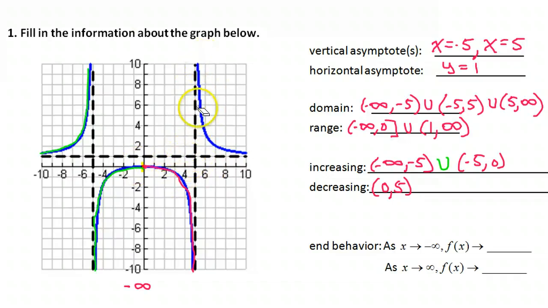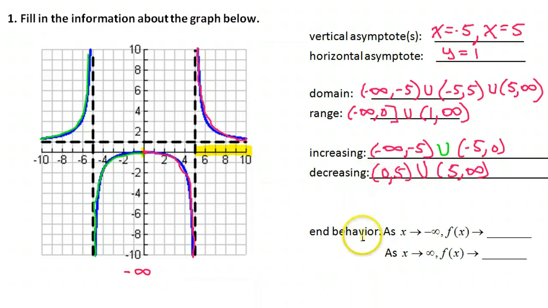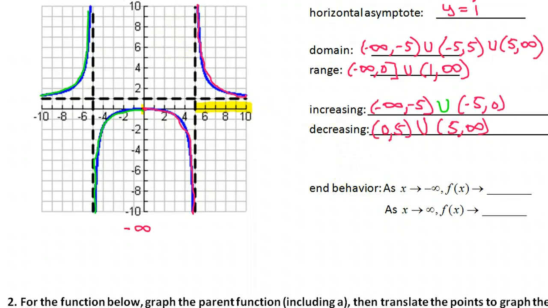And then finally, when you look at this last branch, from left to right, this is also decreasing because of the way it goes downhill from left to right. So we'll stick a union, and then that's from 5 to infinity. So positive 5 to infinity, because we are once again looking at the x values. So that's your increasing, decreasing.